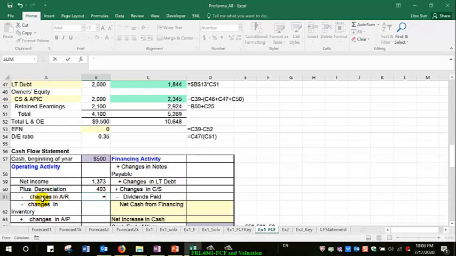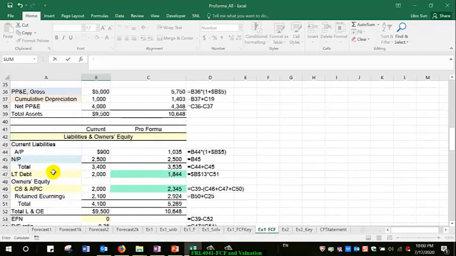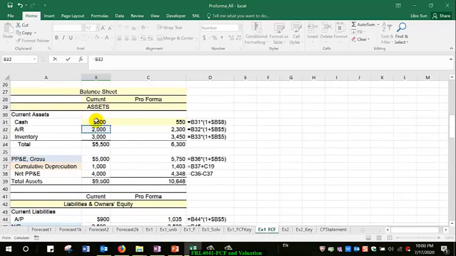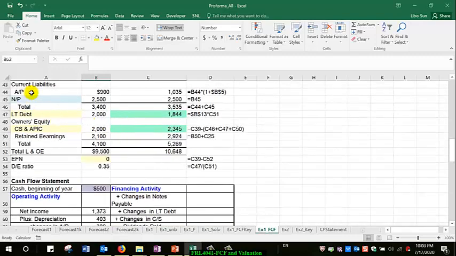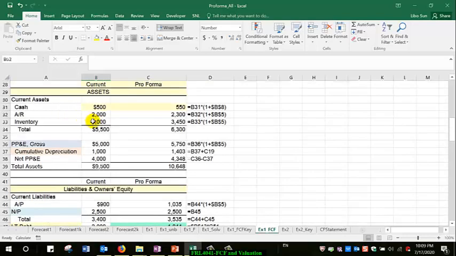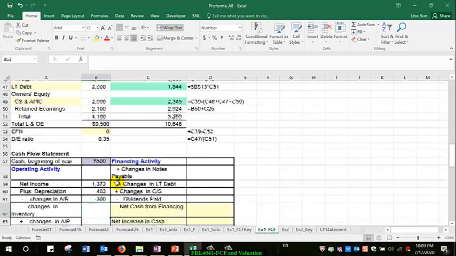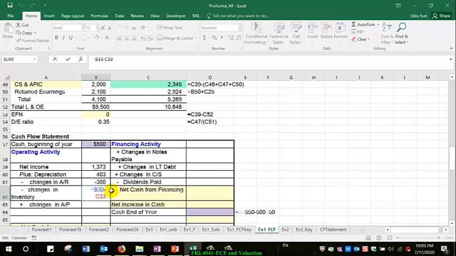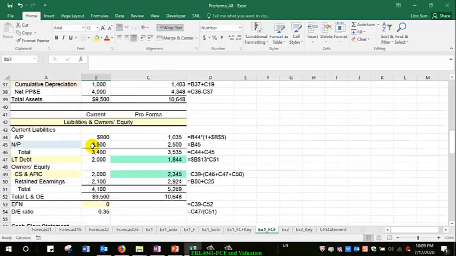I'm directly considering this a negative impact, so I'm going to use current year minus pro forma, okay, old minus new. Next, change in inventory. It's still old minus new, the same thing. Now we have only one more item in the current liabilities. For liabilities we will use new minus old. Okay, increase means inflow.